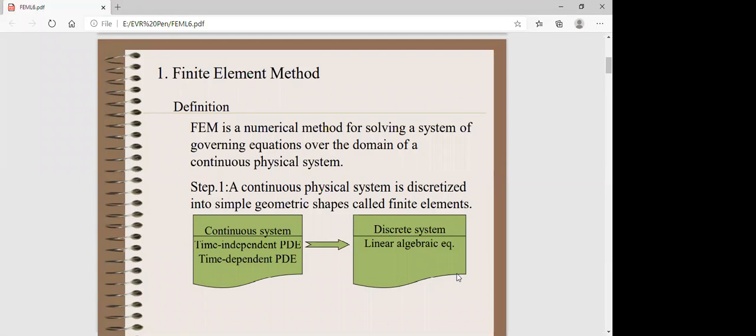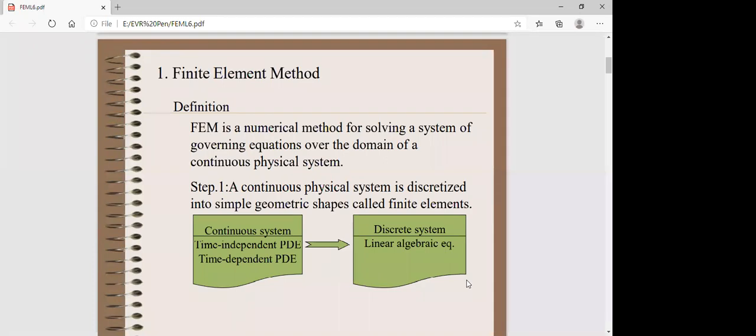So what is the definition of this finite element method? Basically, in this method, we define a problem, a physical system. That physical system, in this method, we discretize into simple geometric shapes called finite elements.